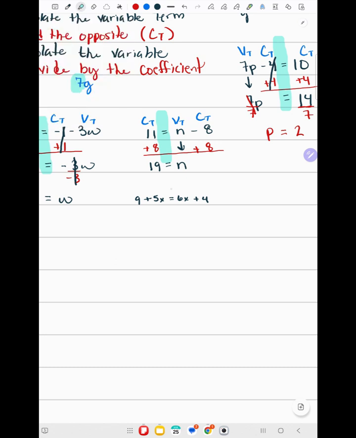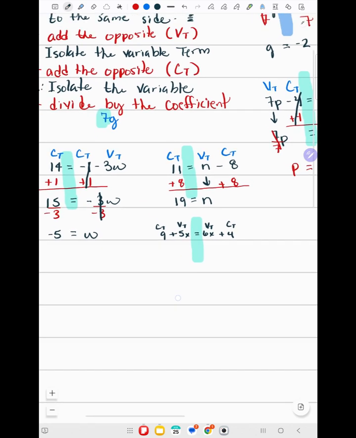Equal sign here. Let's identify what's in the problem. 9 is a regular number, so that is a constant term. 5x is a number with a variable, so this is a variable term. 6x is a number with a letter, so that is a variable term. 4 is just a regular number, so it is a constant term.